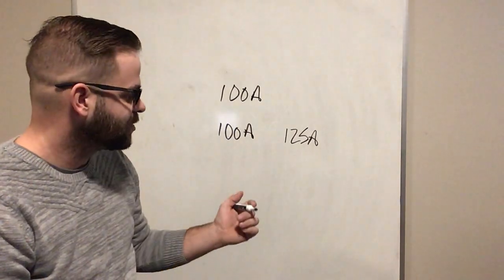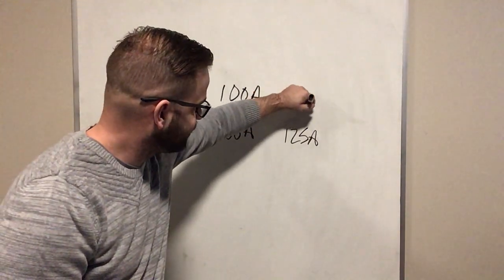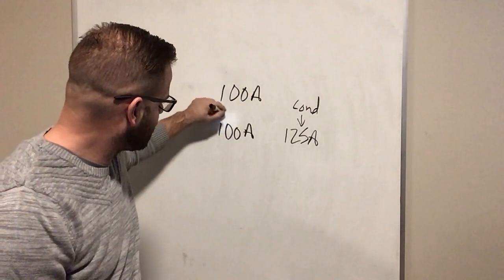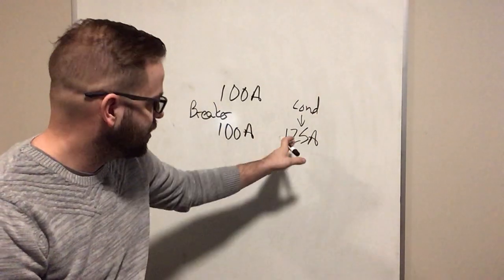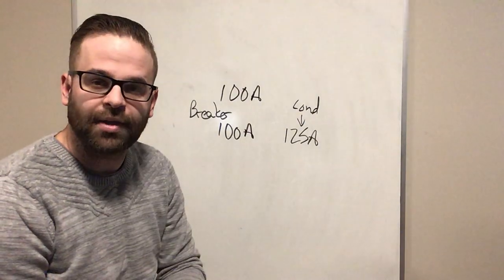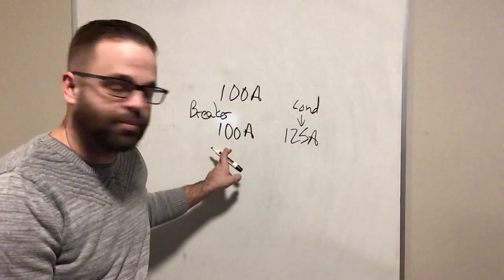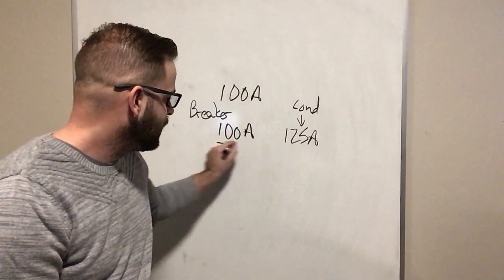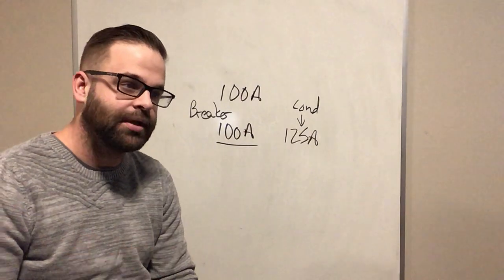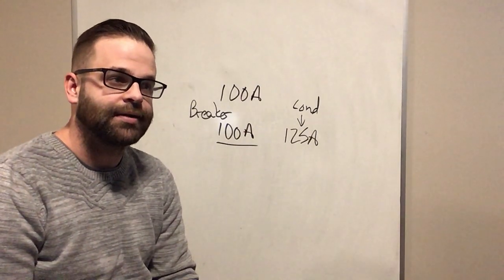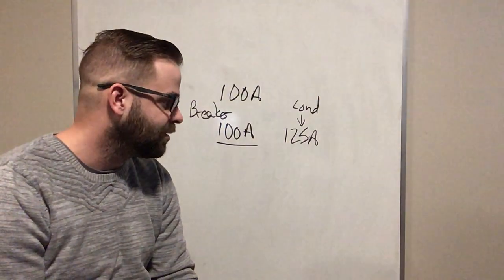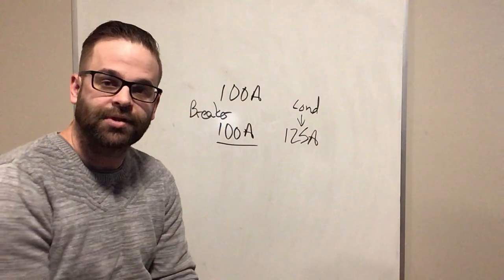Well, I can't very well say, this is my conductors, this is my breaker, and that 125 amp conductor means my circuit's good for 125 amps, because it is limited by that 100 amp breaker. Sometimes when you run wire, the wire could be upsized simply due to a voltage drop calculation, or maybe you upsized it just because you had extra of those conductors.